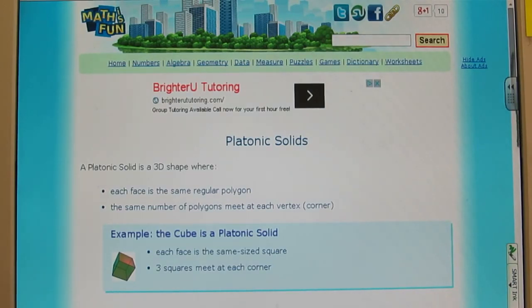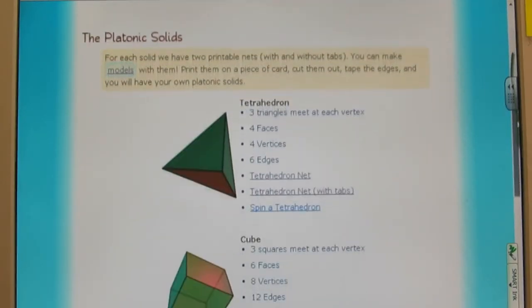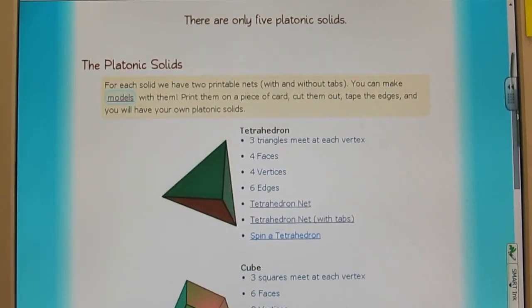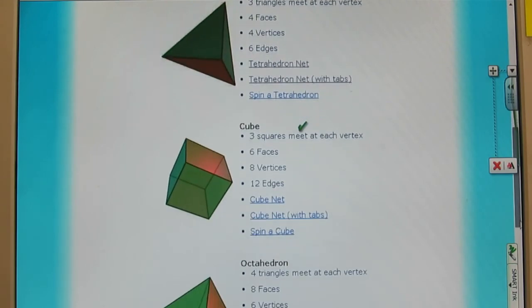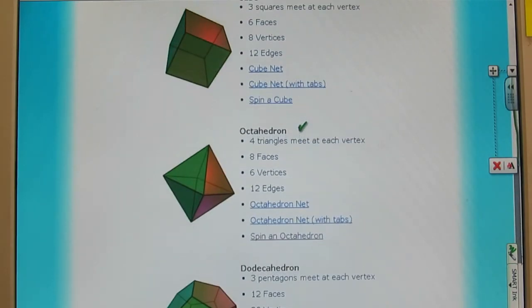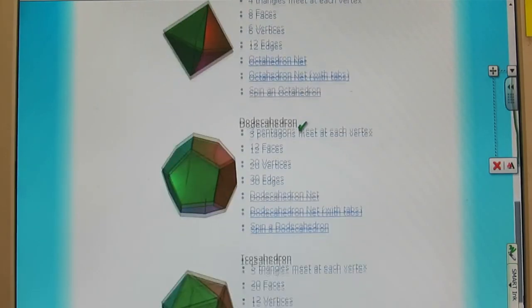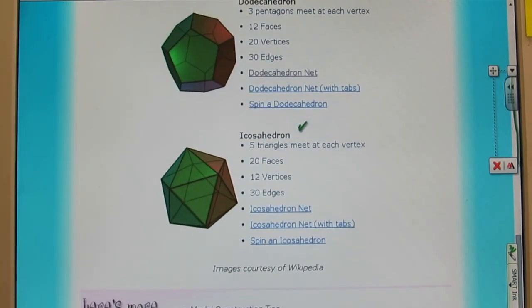So let's just look at this website right now. Here is the tetrahedron. There's the cube. Here's the octahedron, the dodecahedron, the icosahedron. So you can see all the information here.